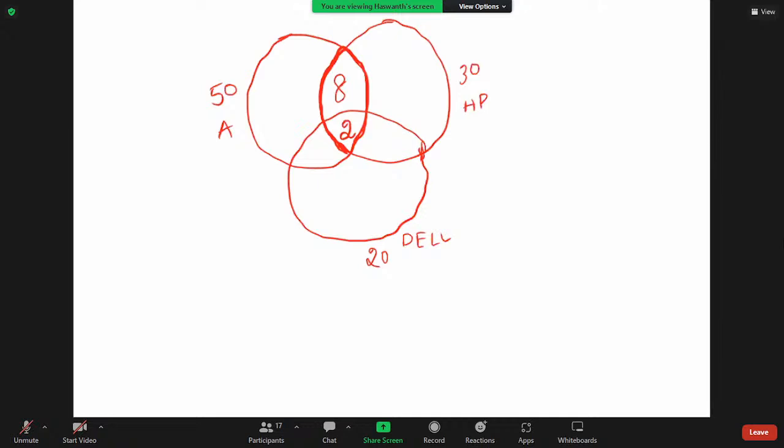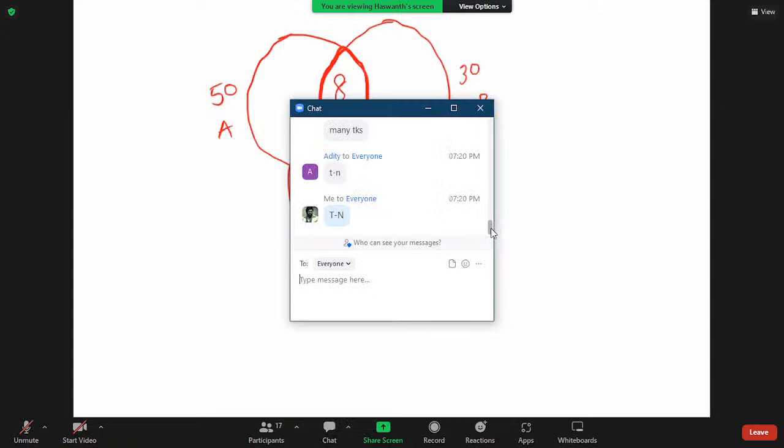So the total value of both HP and Dell is 5. 2 is already present in all 3, so the remaining 3 would be using only HP and Dell. You have to subtract the all 3 value. Then 4 use both Apple and Dell. Already 2 is present in all 3, so the remaining 2 here.